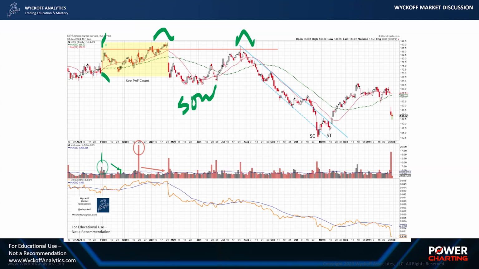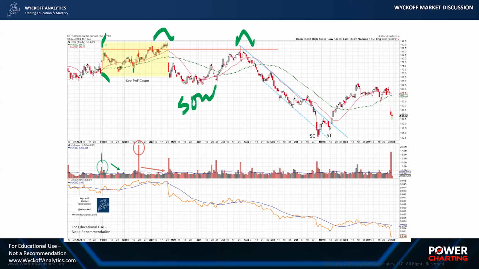And in fact, we get a good attempt to rally here where volume expands and is generally above the volume of the decline. This is not a particularly dynamic advance, does not go to a new high, lots of overlap in the bars, but it's an upward stride. And so we give it the benefit of the doubt.